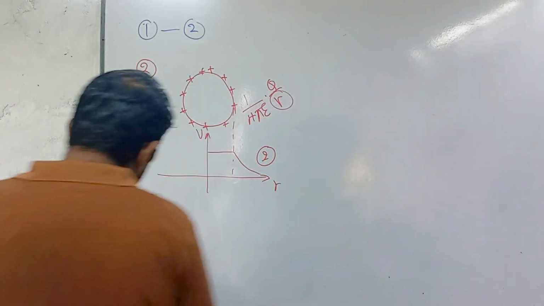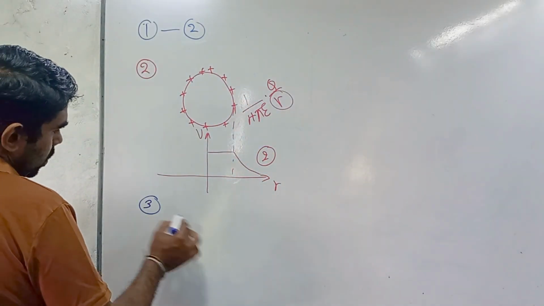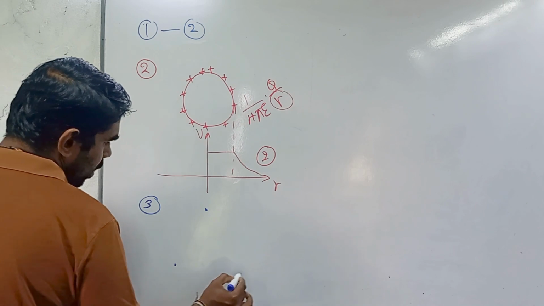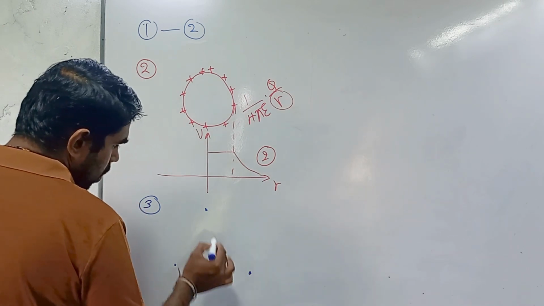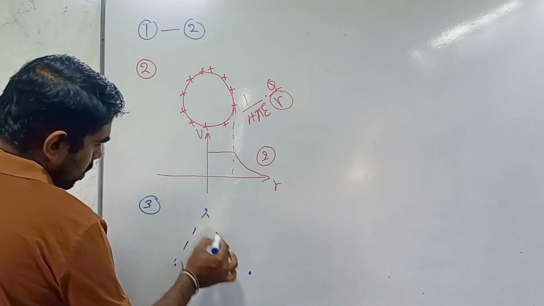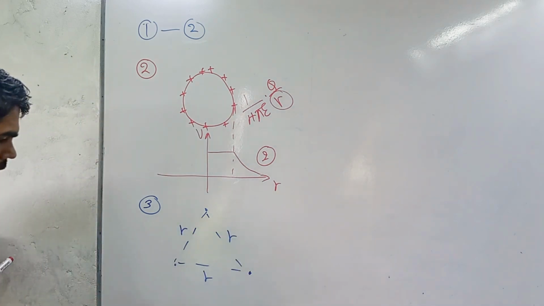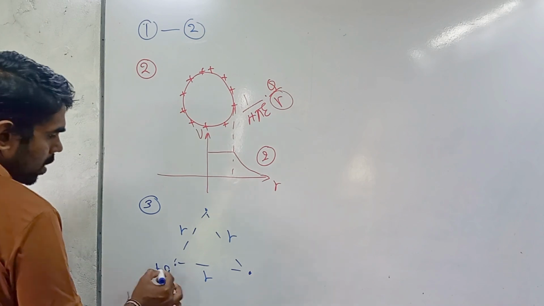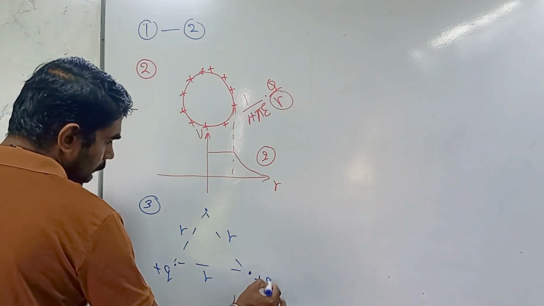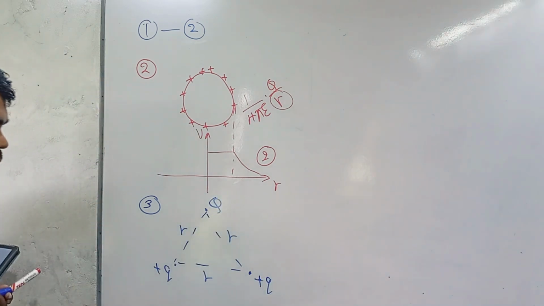Now I will consider 3 charges at the vertices of an equilateral triangle. All 3 distances are equal. There are 2 plus q charges and this charge is capital Q. We have to find capital Q.